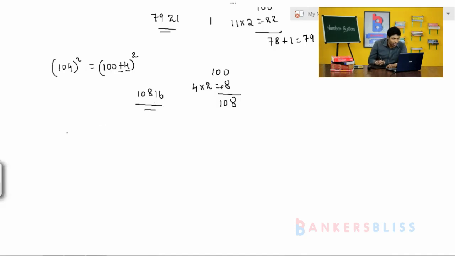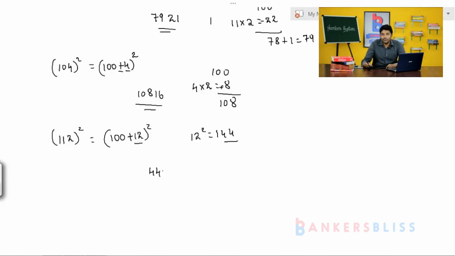Okay, one more number, 112 square. This can be written as 100 plus 12 whole square. So 12 square is 144, but you have to consider only the last two digits, that is 44. Next, 1 is the remaining carryover.